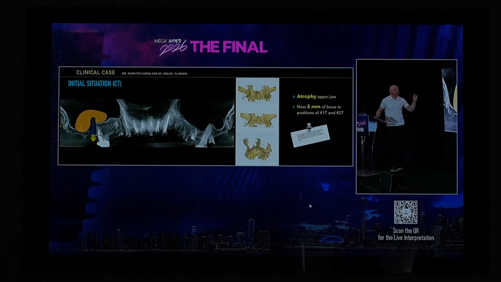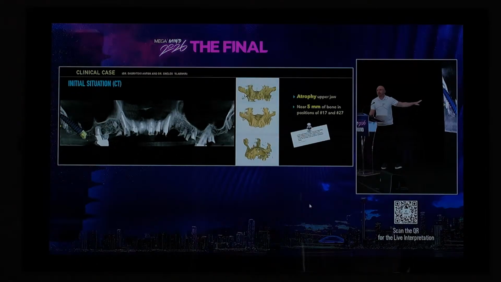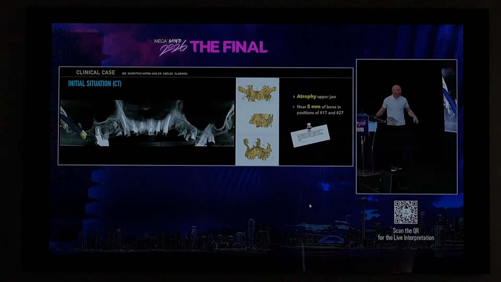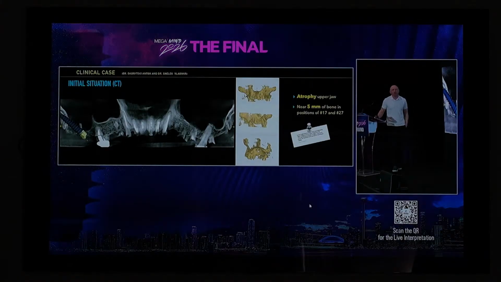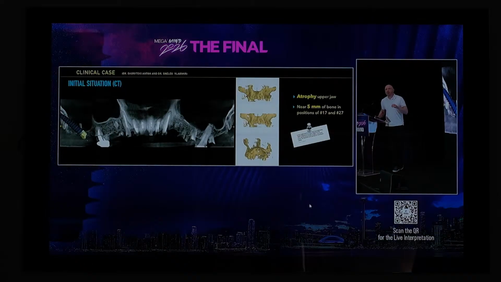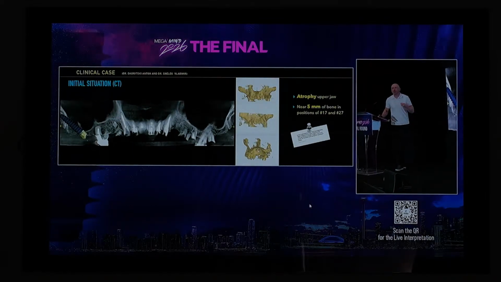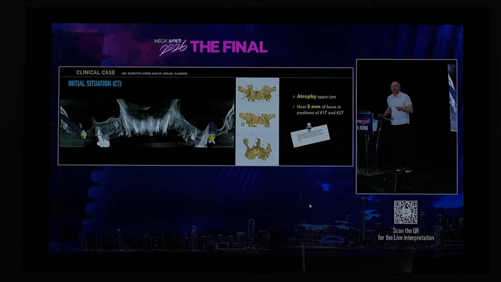So the first option was the bone grafting procedure or placing angled implants with angled multi-unit abutments, so-called pterygoid implants. But for many surgeons, it's quite a difficult procedure. It's quite traumatic for the patients. And nowadays we have found how to fix this problem.